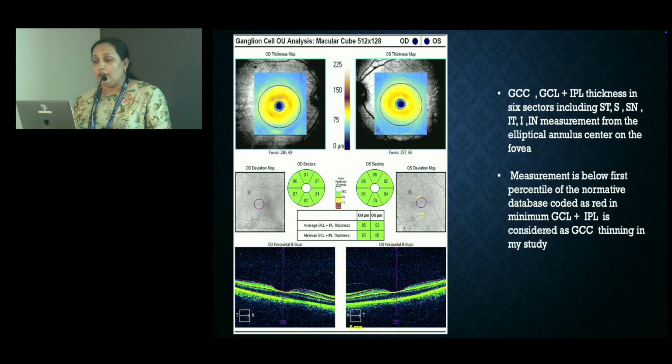In OCT macula, the ganglion cell complex, that is GCL plus IPL thickness, in 6 sectors including superior, superotemporal, superonasal and inferior, inferotemporal, inferonasal, is measured from the elliptical annulus centered on the fovea. A measurement below the first percentile of the normative database, which is coded red, with minimum GCL plus IPL, is considered as GCC thinning in my study.